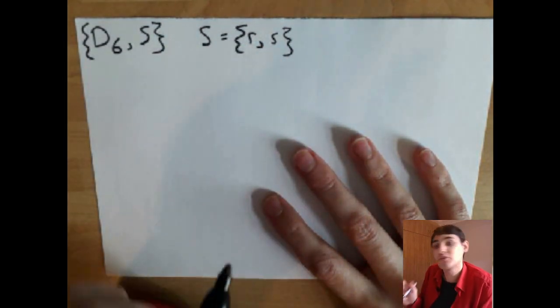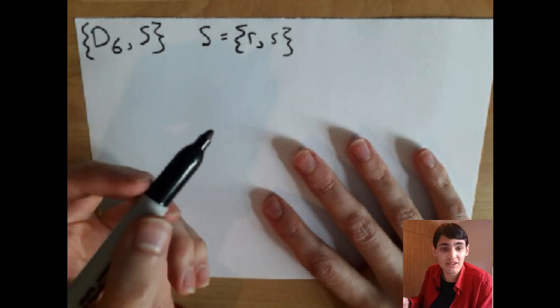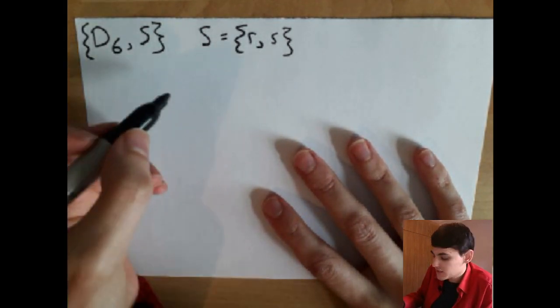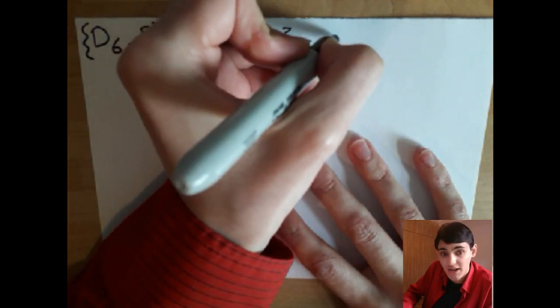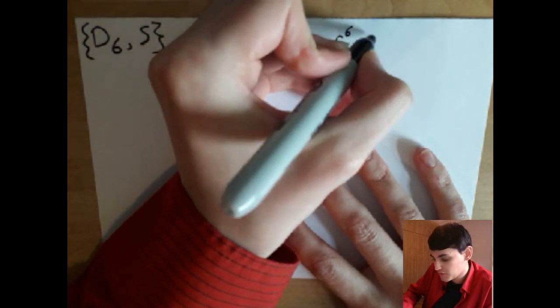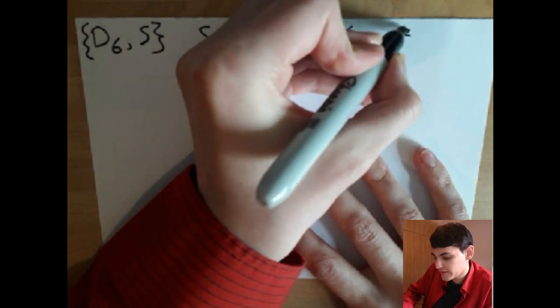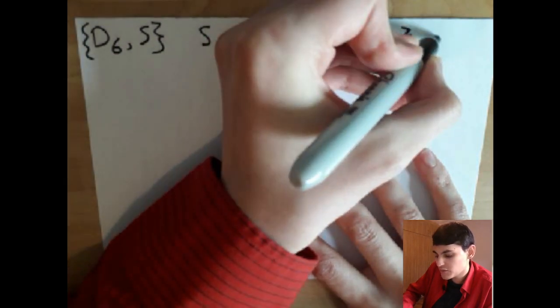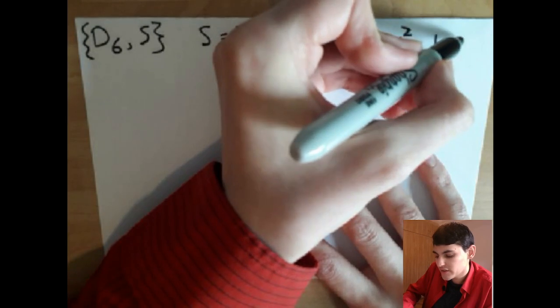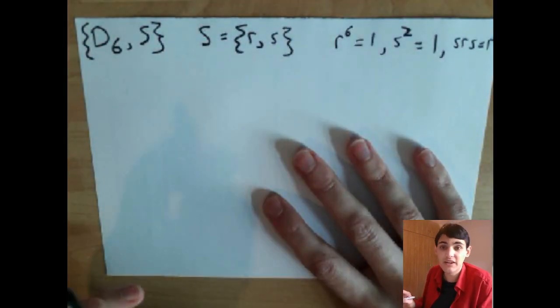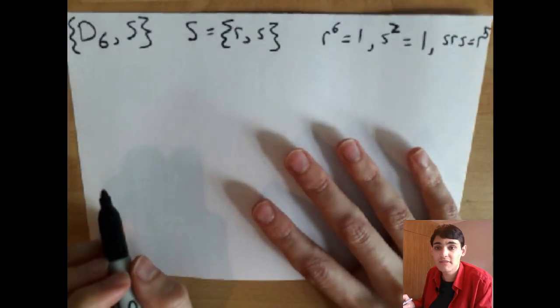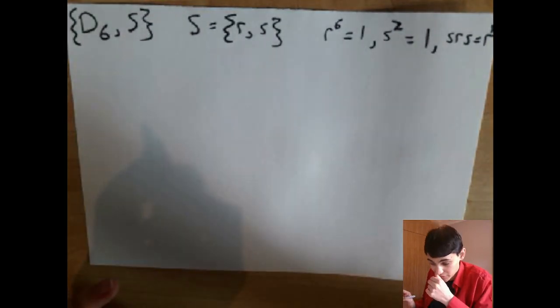We'll stick to vertical because that's what we used last time. The rules are that r to the 6 equals 1, s squared equals 1, and srs equals r to the 5. So those are the rules.